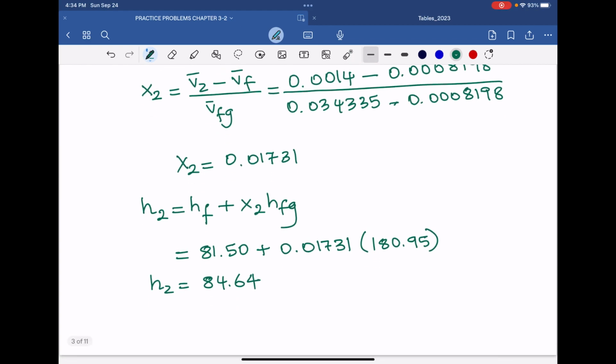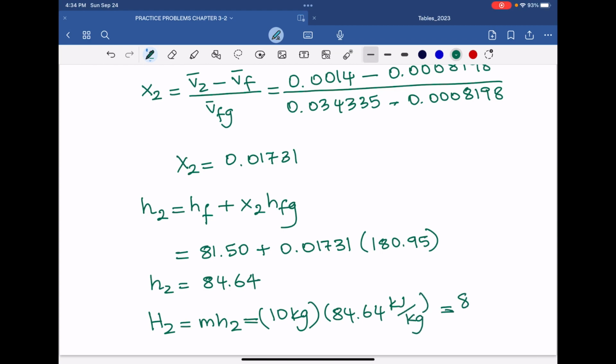Now to find the total enthalpy, we need to multiply this with the mass. And that is your answer. All right.